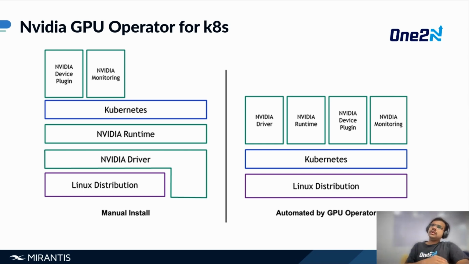One was manual install, installing the runtime and the drivers on the host, and then actually adding the Helm chart for NVIDIA device plugin and NVIDIA monitoring. But all this was a lot of effort, and NVIDIA has a nice operator for the same, which is the NVIDIA GPU operator, which does everything for you. All you need to install are some basic kernel modules. That is it. Installation of CUDA runtime, installation of NVIDIA driver, the device plugin, the monitoring plugin is all out of the box.